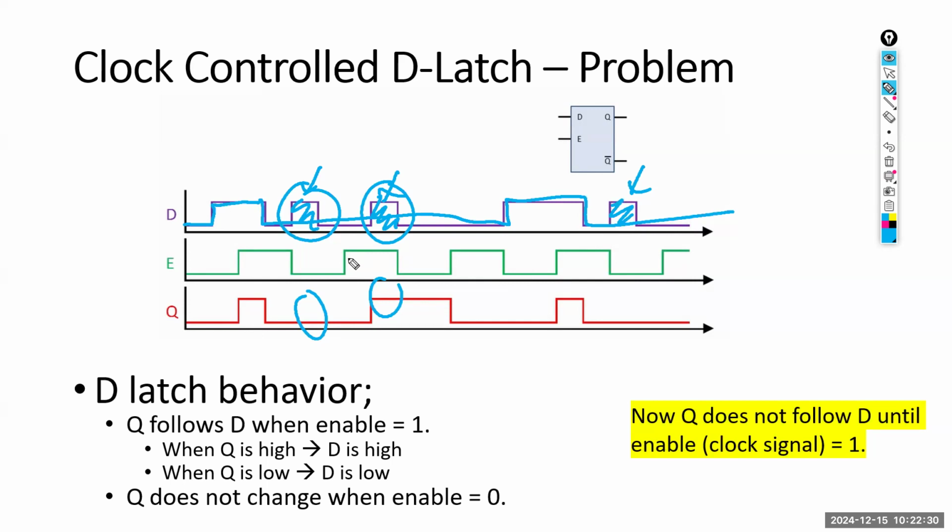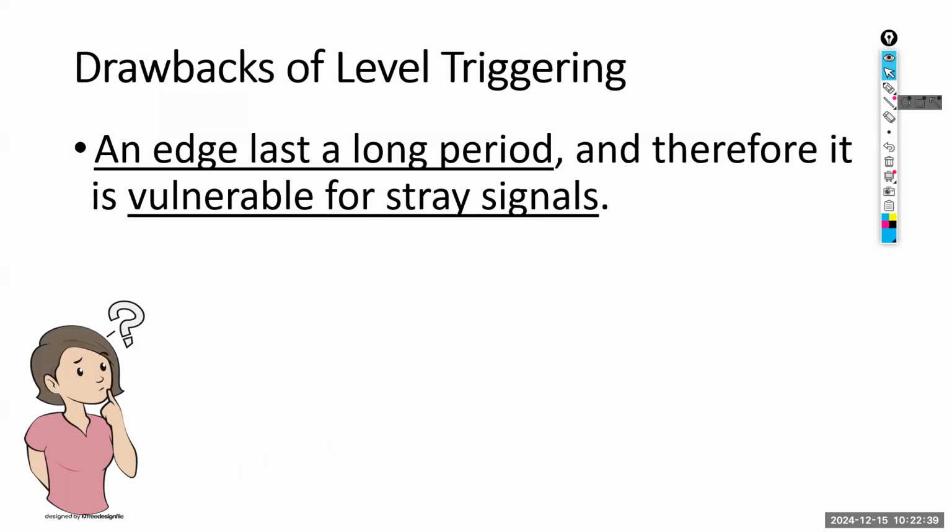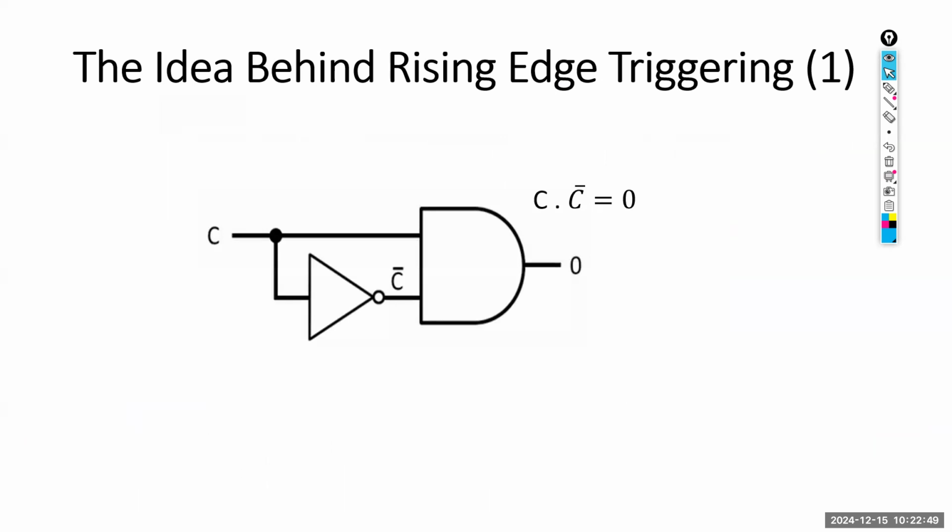Not that good. So we need to reduce the time of triggering, right? That is where we can go for the edge triggering rather than level triggering. So the idea is we have very small time pulses, and during those pulses only your circuit responds.